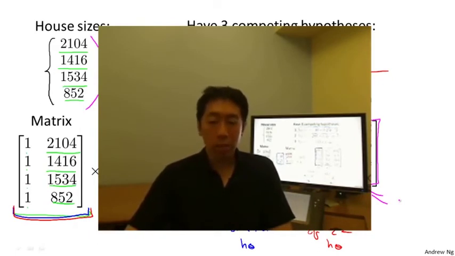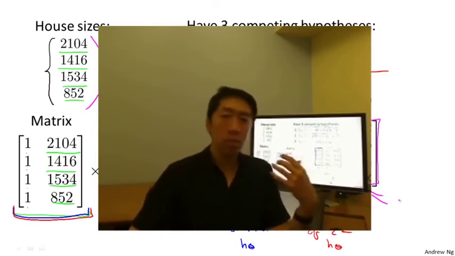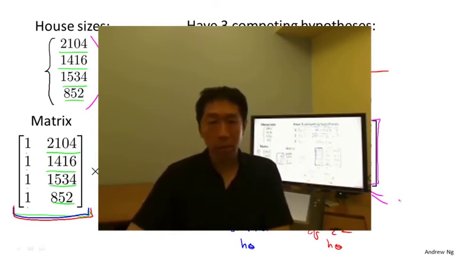And there are very good free libraries that you can use to do this matrix-matrix multiplication very efficiently, so that you can very efficiently make lots of predictions of lots of hypotheses.